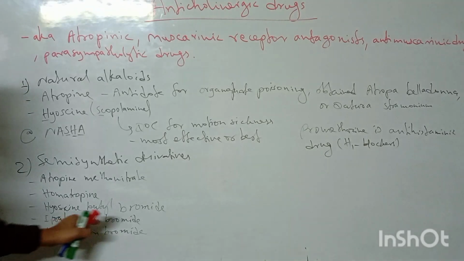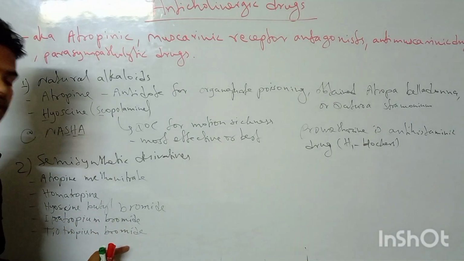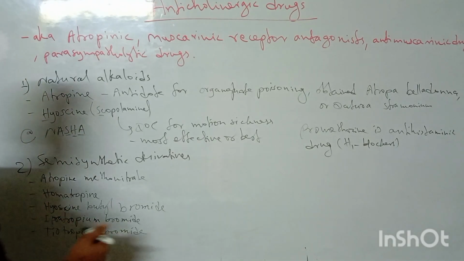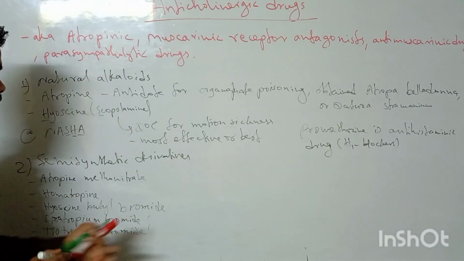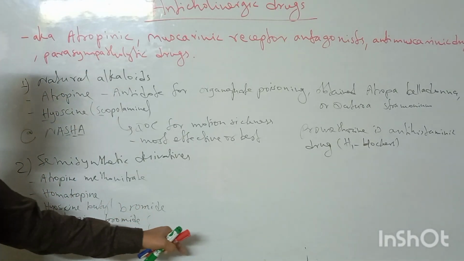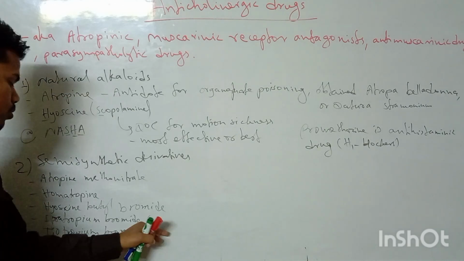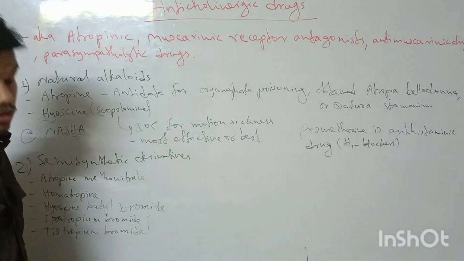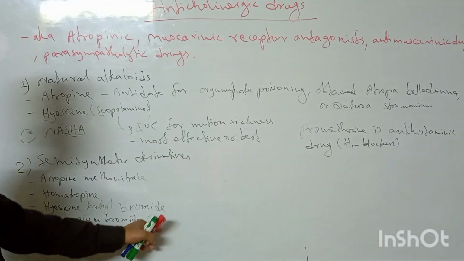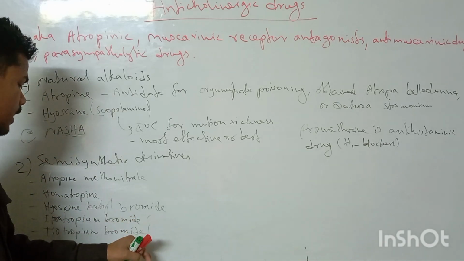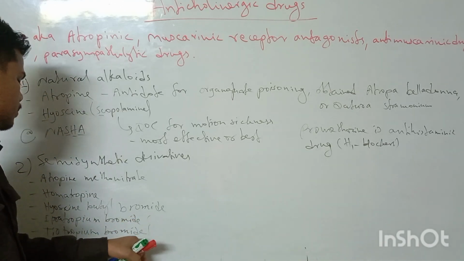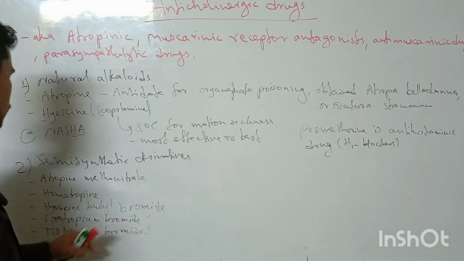Ipratropium and tiotropium bromide are very effective drugs used in COPD patients, chronic obstructive pulmonary disease. Ipratropium is the older congener and tiotropium is the newer congener.